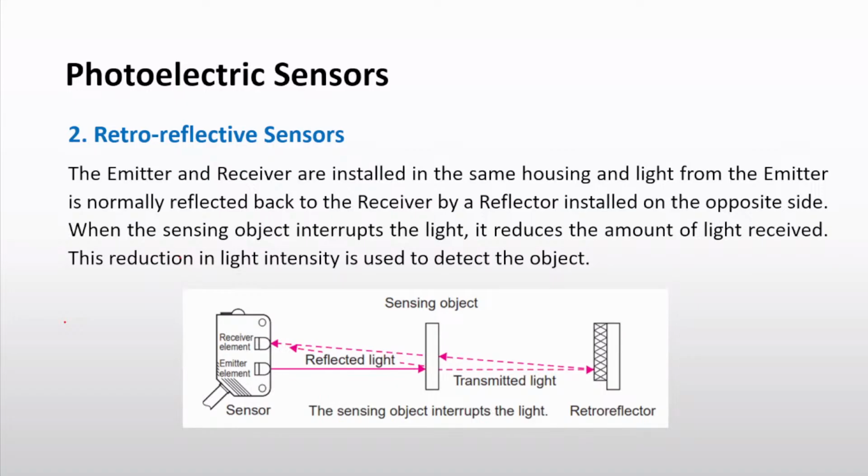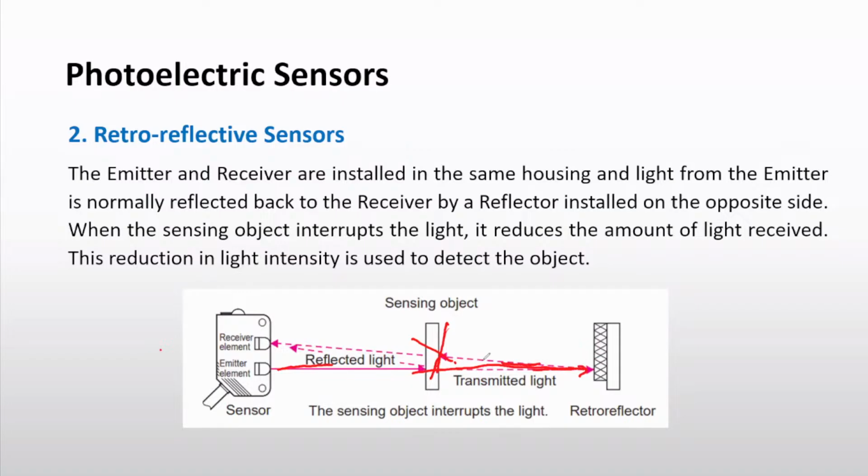So when there is no object, what happens? If there is no object, the emitted light beam can travel to this retro-reflective material.